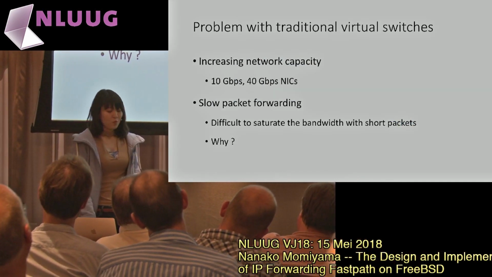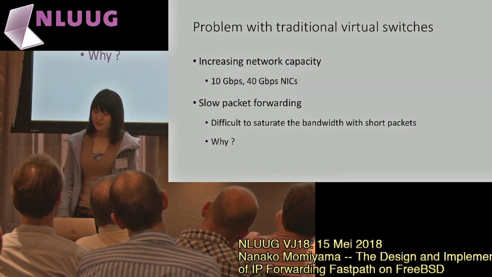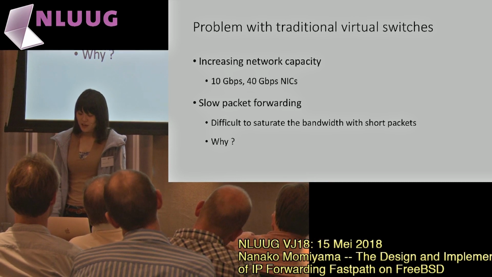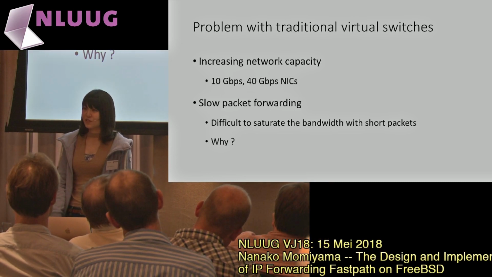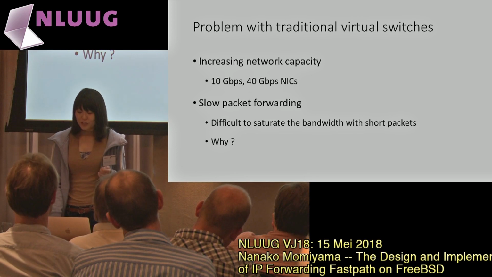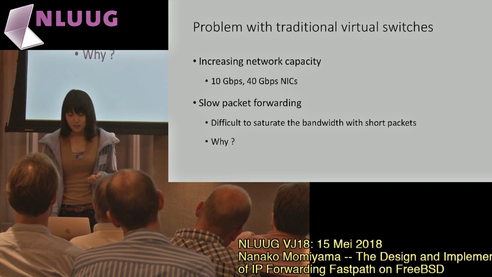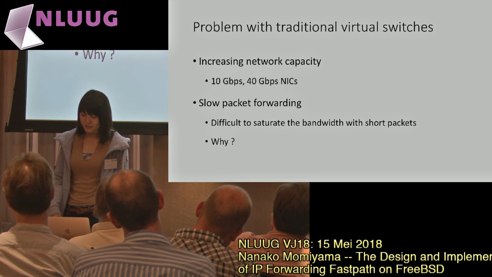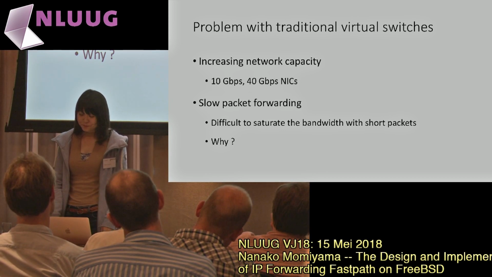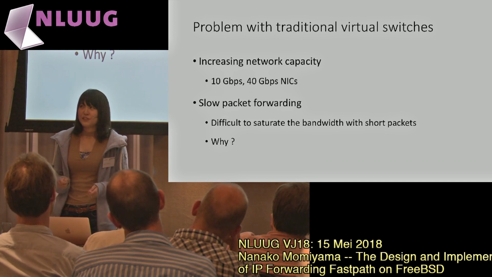So when we assume today's server architecture, we can find problems with traditional virtual switches. One of them is the fact that the packet forwarding of these traditional virtual switches is very slow.